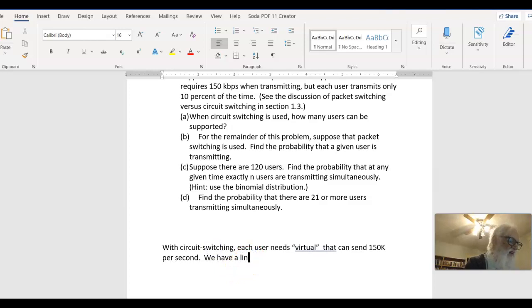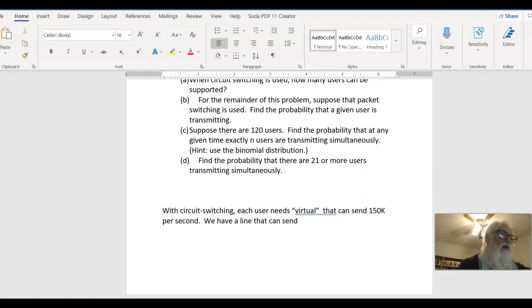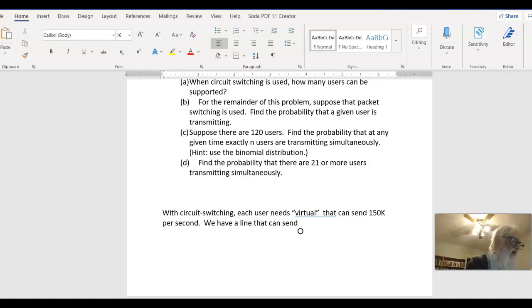We have a line that can send 3 meg per second. The question is, how many virtual lines can we create in our 3 meg line?